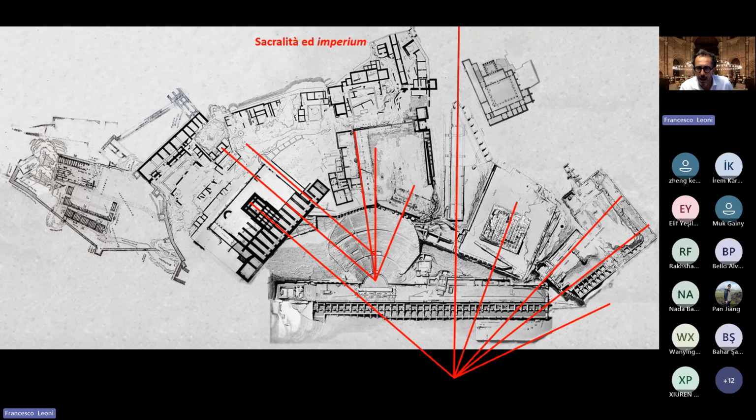Here you can see how all those temple elements are organized according to this polar central part. This one, this one, this one. And all of them are connected to another polar point.